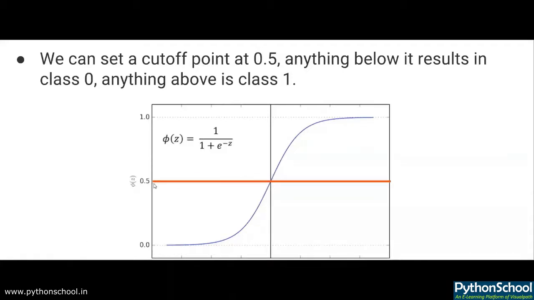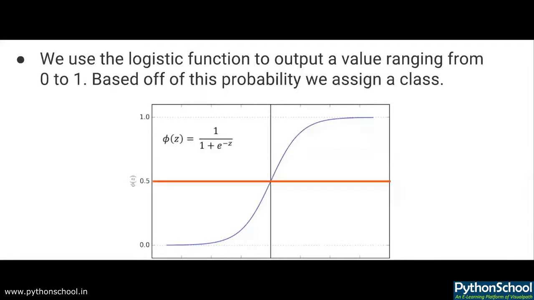So this is the cutoff point marked in red here, and anything which falls between 0 to 0.5, we can say it belongs to class 0, and anything which falls between 0.5 to 1 belongs to class 1. So when we say binary classification, we can say that anything which has a probability of 0 to 50% could be class 0, and anything above 50% belongs to class 1.